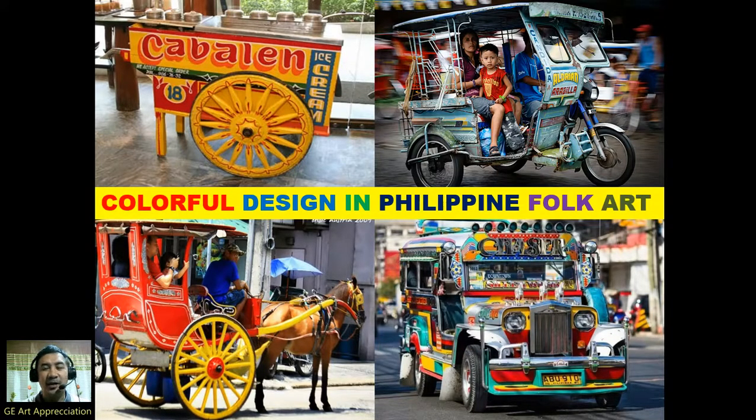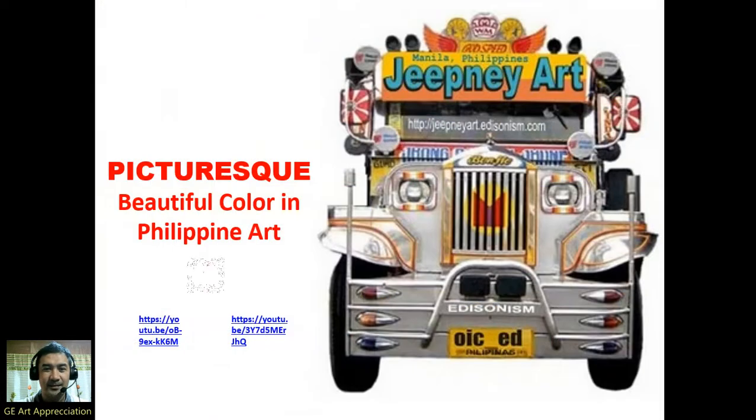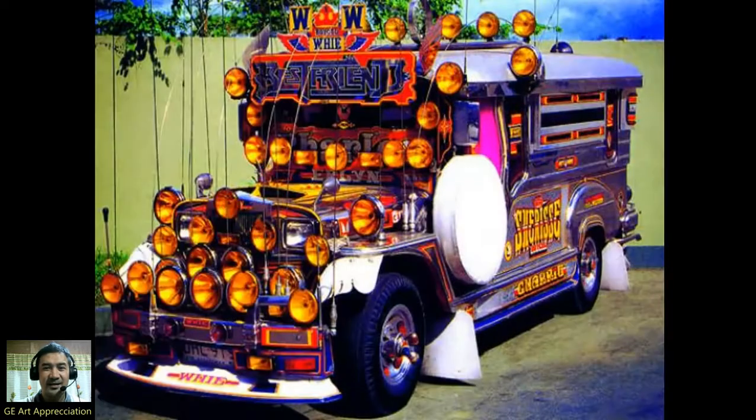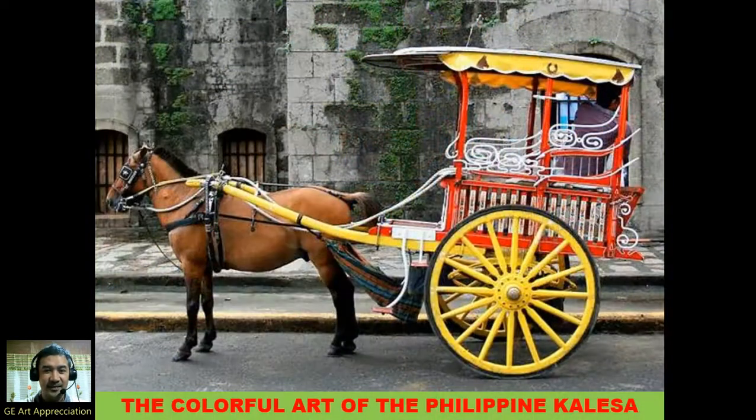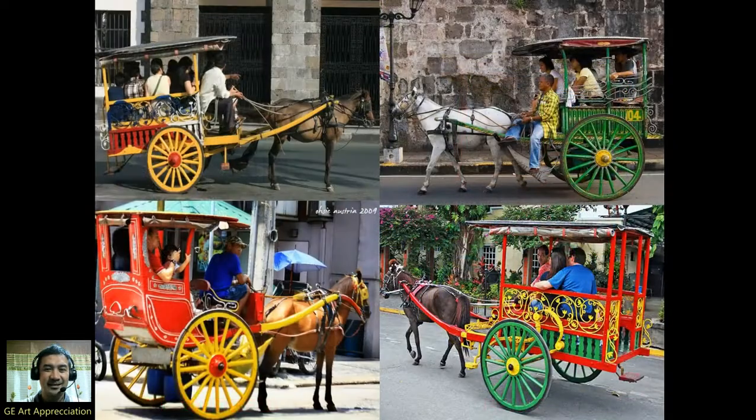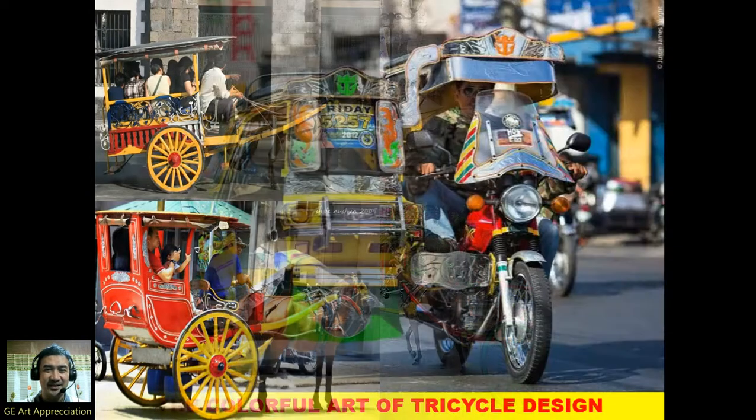Okay, let's take a look at the colorful design in the Philippine folk art. Okay. So, we have the jeepney art, no? The jeepney art. Yan. So even the jeepneys, there is a colorful art. Okay, the colorful art of the Philippine Kalesa. Okay? Yan. See? Buhay na buhay pa rin yung ating Philippine Kalesa, no, because of the colors.